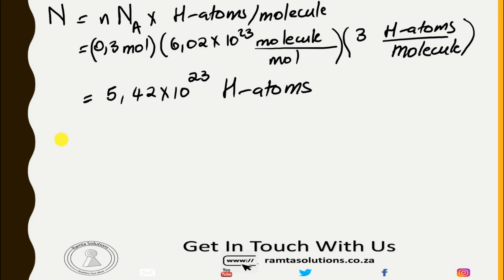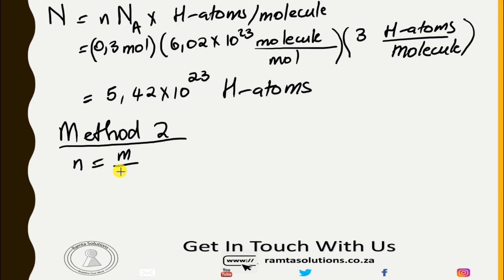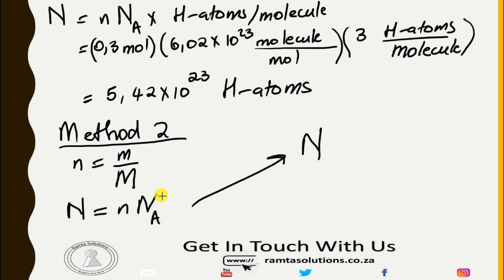Perfect. Now, let's try method 2. Remember we said N equals mass over molar mass, and we know that the number of particles equals the number of moles multiplied by Avogadro's constant. Wherever we see number of moles, we can write mass over molar mass, multiplied by Avogadro's number.